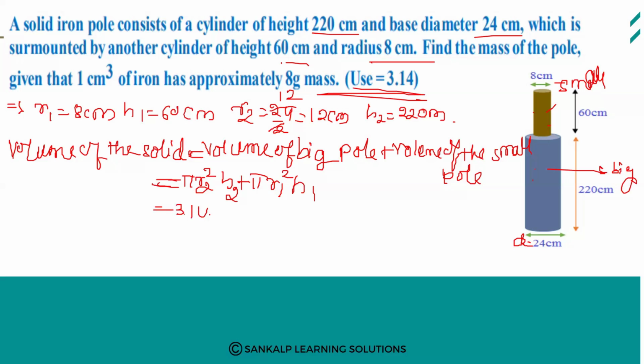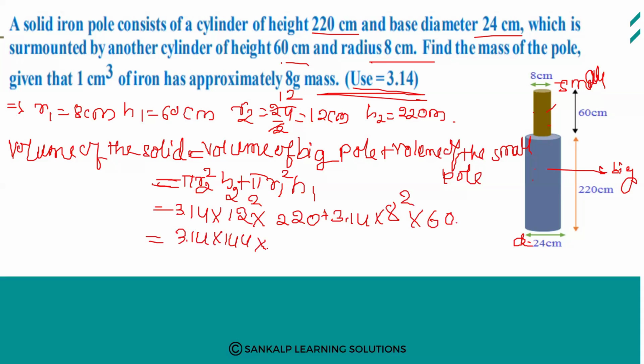So 3.14 into R2, the R2 value is 12 centimeter, squared, into H2, the H2 value is 220, plus 3.14 into R1 value, R1 value is 8 squared, into H1, H1 is 60. So 3.14 into 144 into 220 plus 3.14 into 64 into 60.